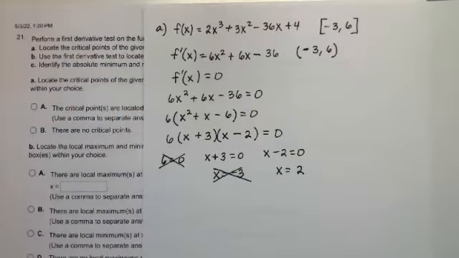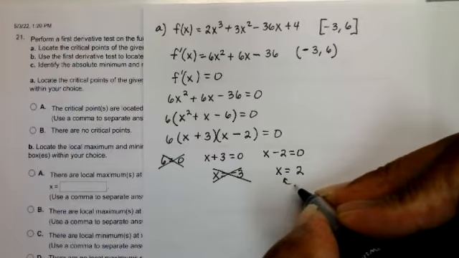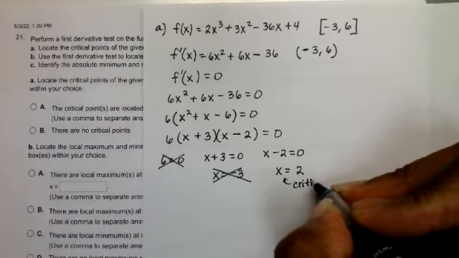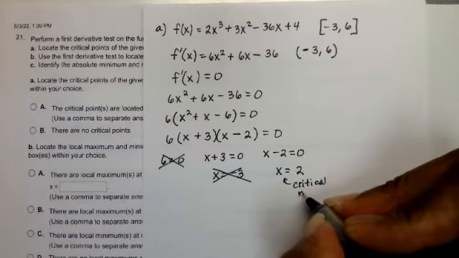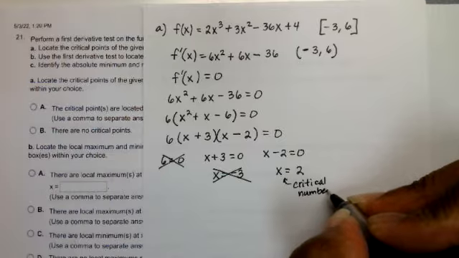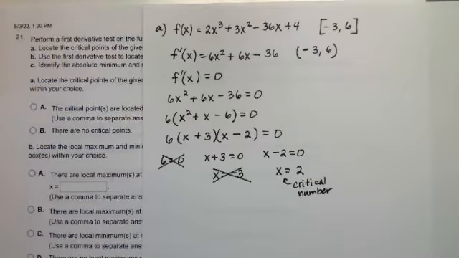So x equals 2 would be a critical number. That's my only critical number. I have to eliminate x equals -3 because it's not a part of the open interval. So x equals 2 is the only critical number in that interval, -3 to 6.